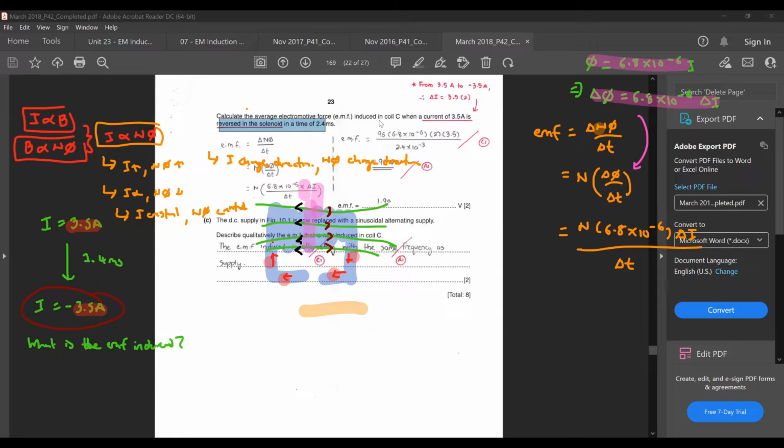Your change in current would be something like this. Originally your current is, say, 3.5 amps.